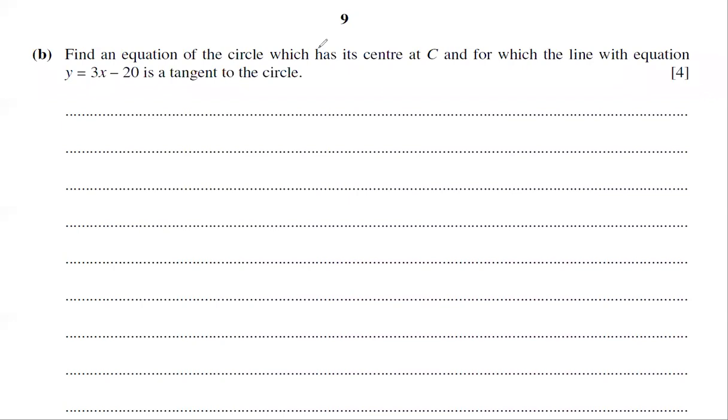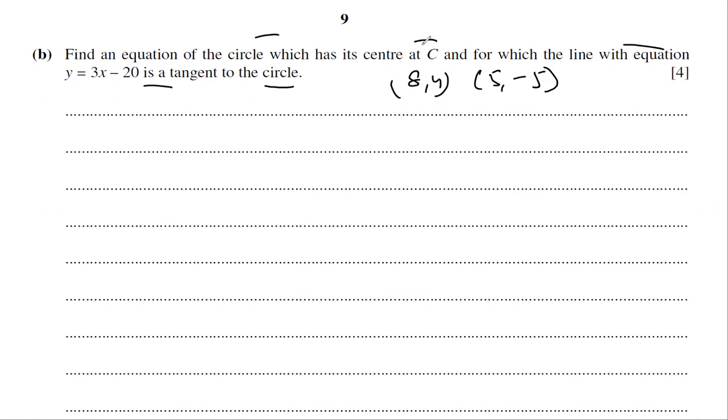Okay, so it says the equation of a circle has its center at C, for which the line with this is tangent to the circle. Since we have the points, the coordinates that we found were 8, 4 and 5, minus 5.